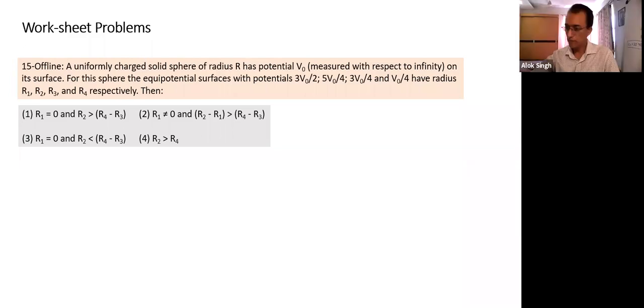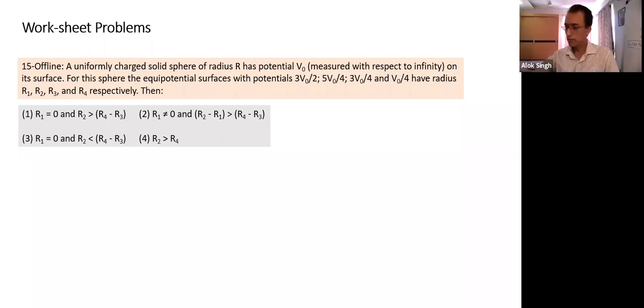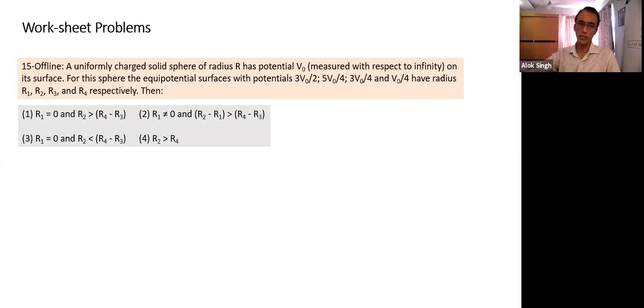Option 3, sir. Vignesh, which option are you getting? Option 3, sir. Okay, Tanvi? Third one. Jaideep? Third option, sir. Are you sure, Jaideep? Yes, sir, sure. Yeah, the third option is the correct answer.